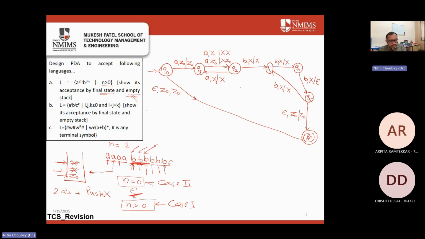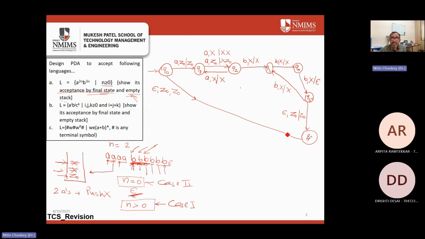So the case which you have shown here on the diagram on the screen, basically this is the transition diagram for acceptance by final state. I'll modify this diagram for acceptance by empty stack. What does it mean? When we say acceptance by empty stack, that means we no longer need final state. So double circle state is not required. So this diagram now doesn't contain any final state as such.